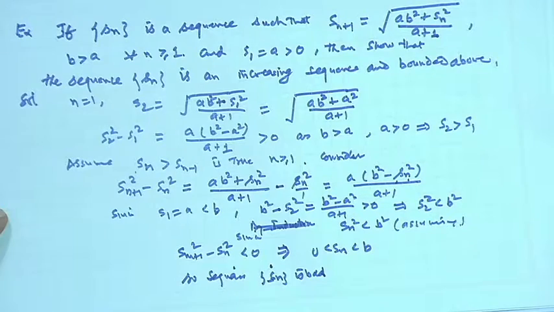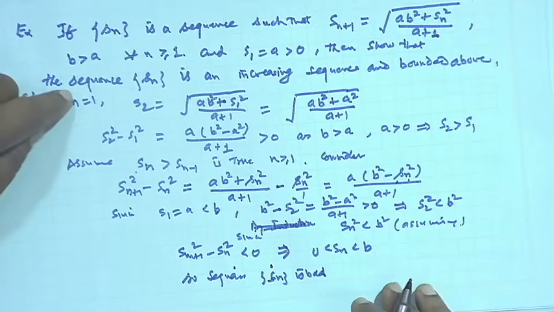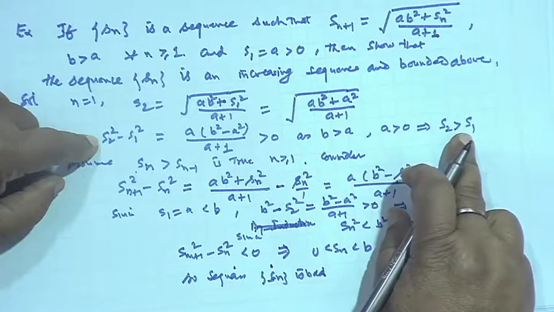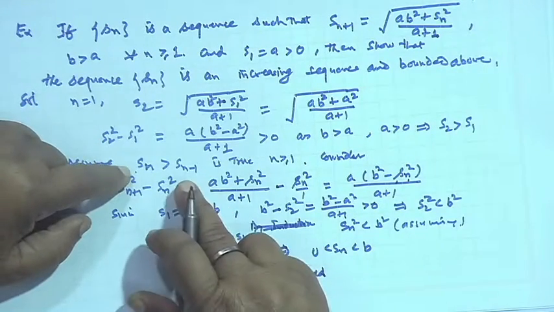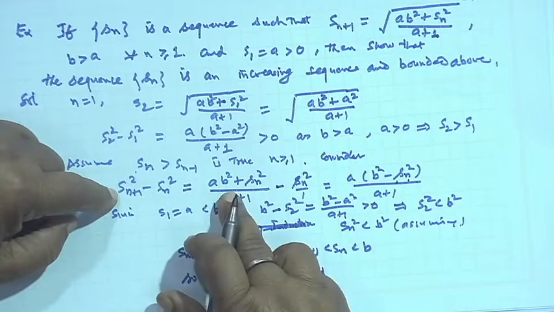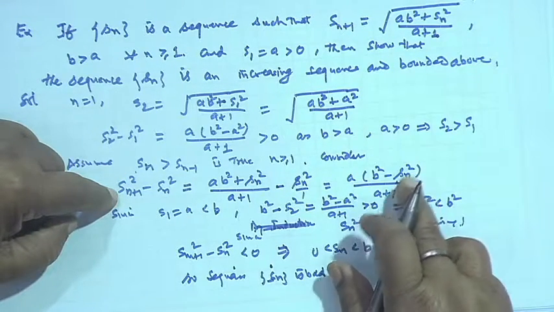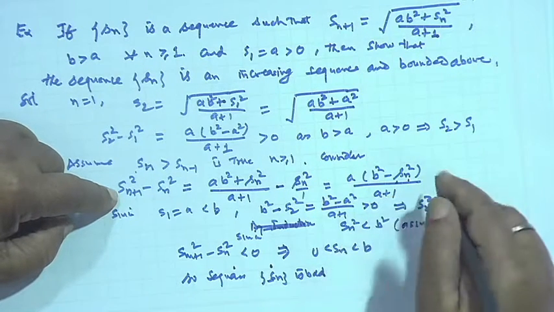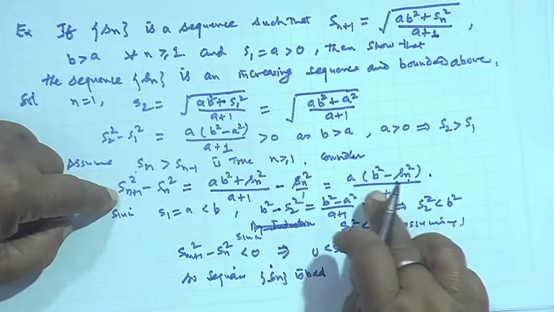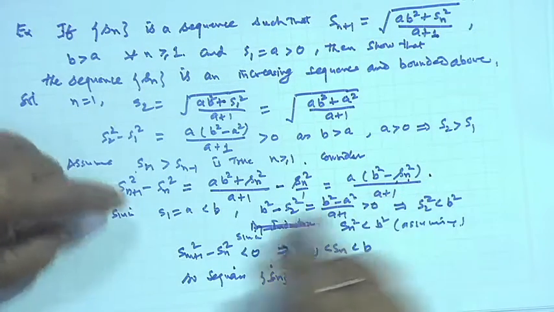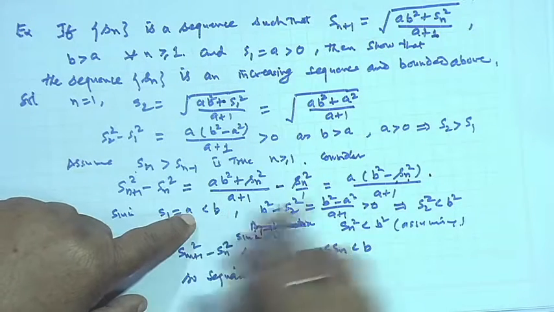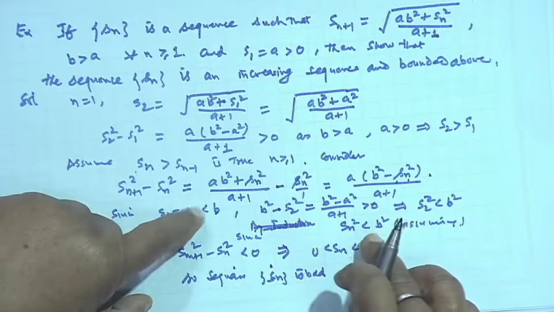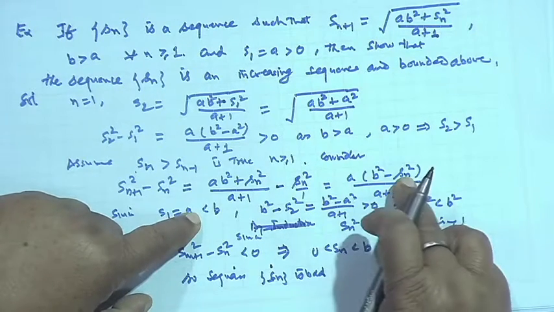Okay, so what we did: we first started with n equal to 1. We have shown that S2 is greater than S1, and similarly by induction we can prove S(n+1) square minus Sn square is coming to be (B square minus Sn square) by (A plus 1), which is nothing but the same as A into (B square minus Sn square). Since S1 is less than this, and Sn square is less than B square, this we are assuming, this is positive.